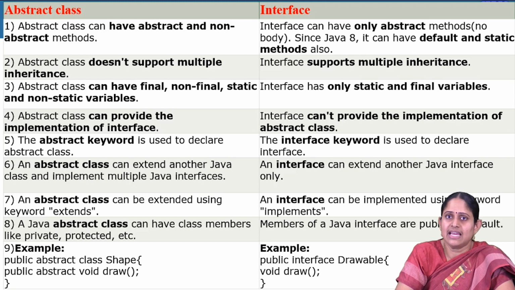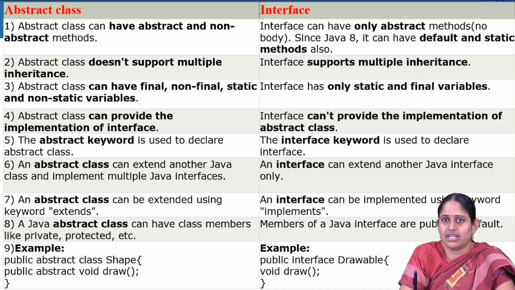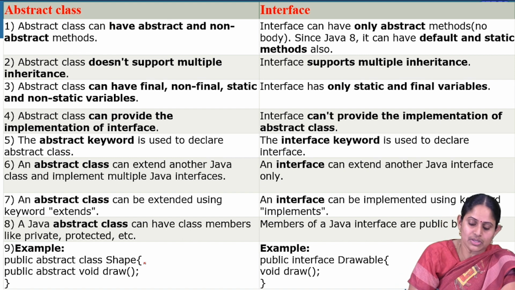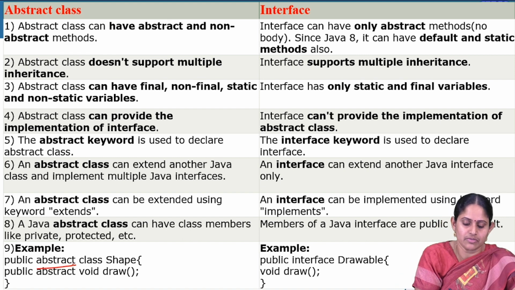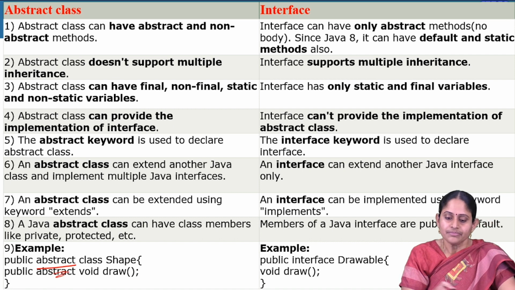Then it can extend any other Java class and implement multiple Java interfaces. It can inherit using the extends keyword, and a Java abstract class can have class members like private, protected, etc. So to create an abstract class, we make use of the keyword abstract, and any method which is abstract should also be declared as abstract.